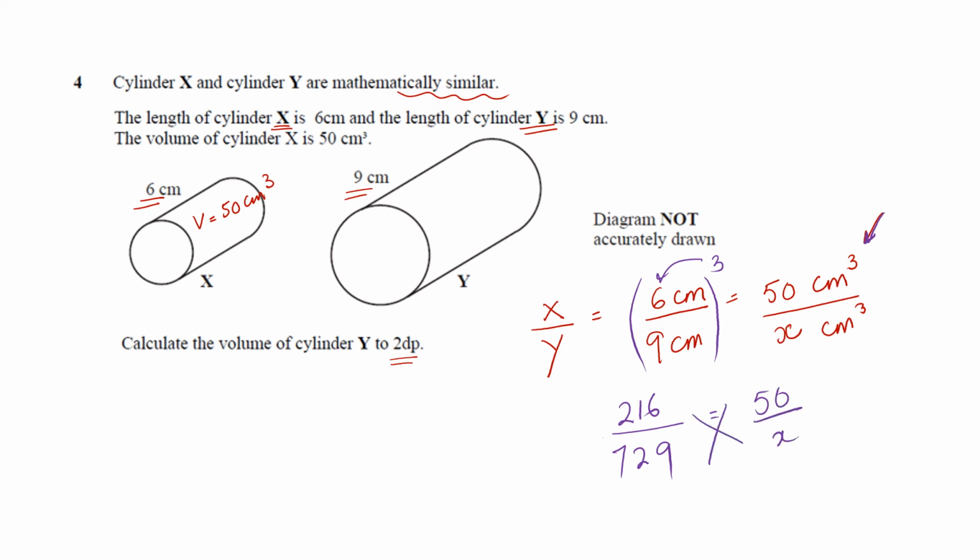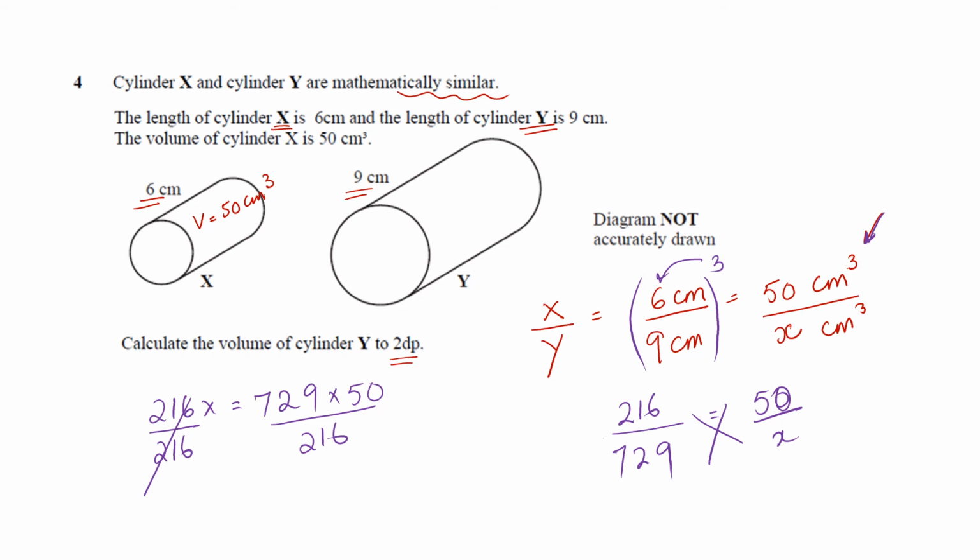And now here 50 over x. Cross multiply. So 216 times x equals 729 times 50. Remove the 216 by dividing on both sides. Now you can use the calculator.